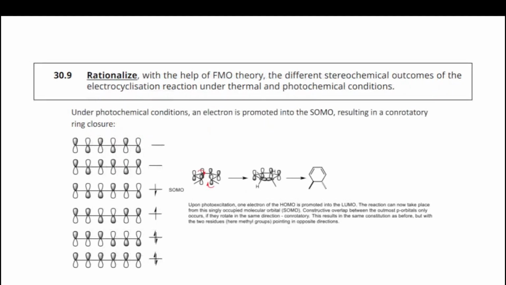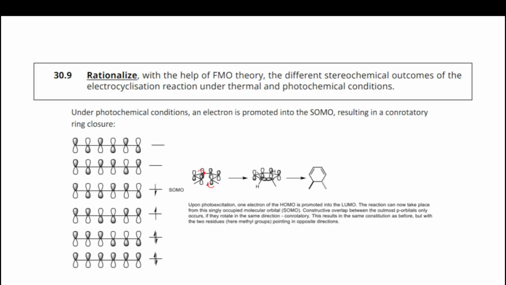And the same question was about now photochemical conditions, because when we excite one electron to the next level, that is the former LUMO, and differently from the orbital below, it will have a different symmetry. So they are alternating. Remember that the first orbital will always be symmetric, antisymmetric, symmetric.